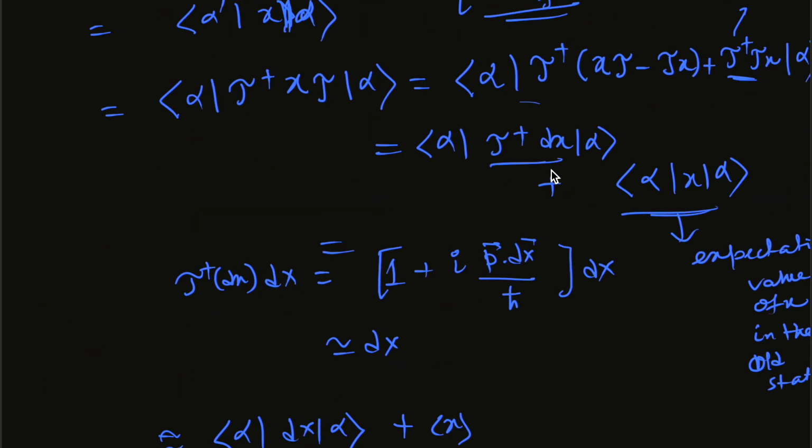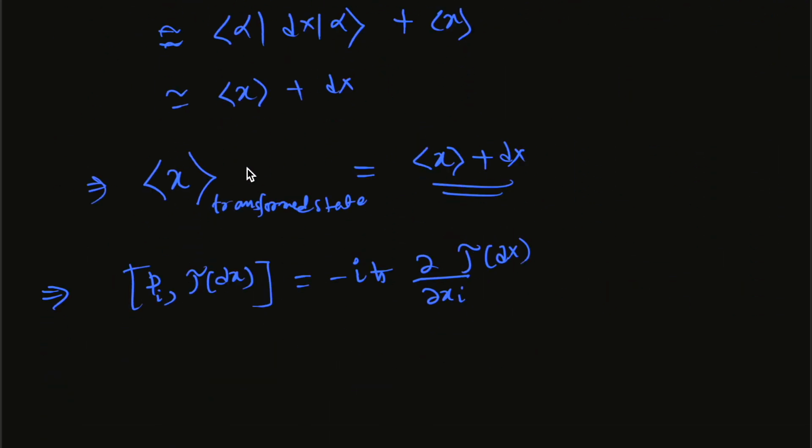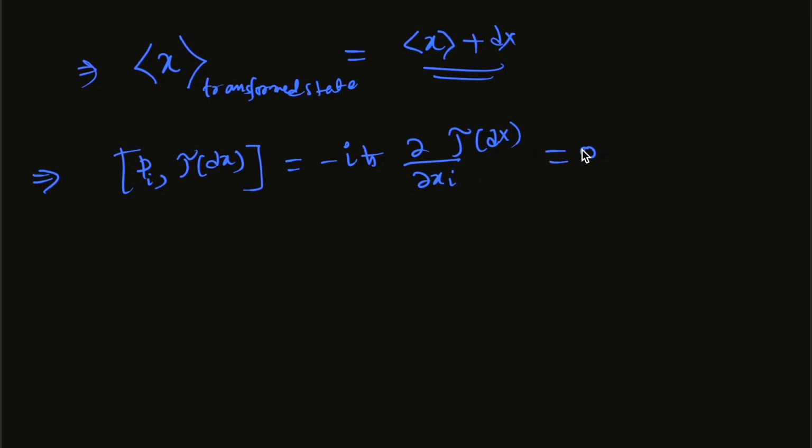Since tau dx is only a function of p and dx is a constant, it is not a function of xi, that means this will be 0. So that means pi tau dx is equal to tau dx pi.